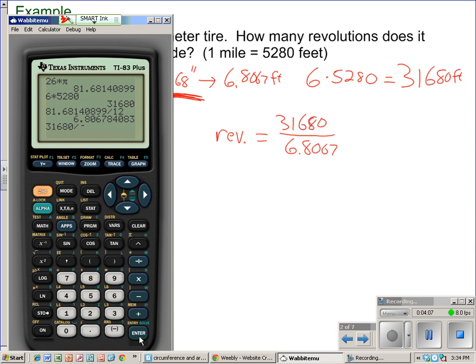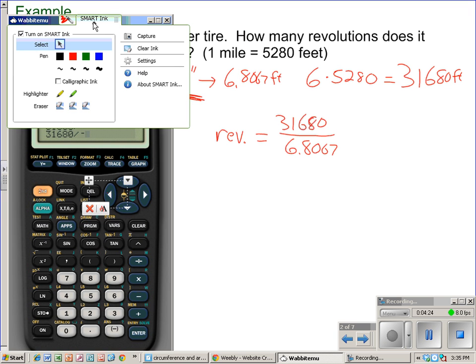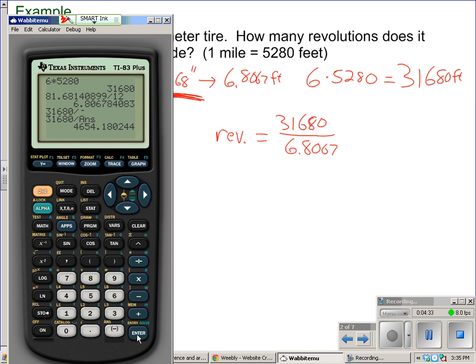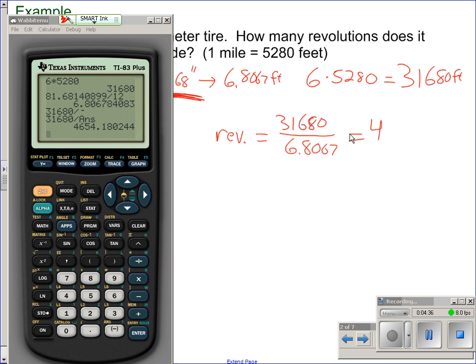Why is it not doing the secondary button? Divided by the secondary answer. There we go. The tire does 4,654 revolutions and a little bit more.